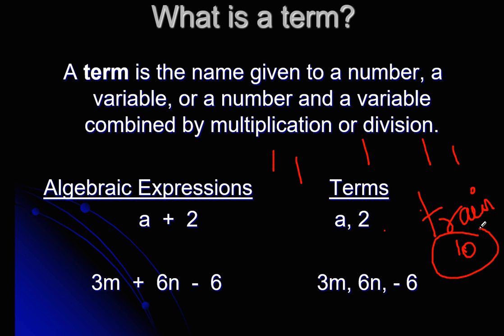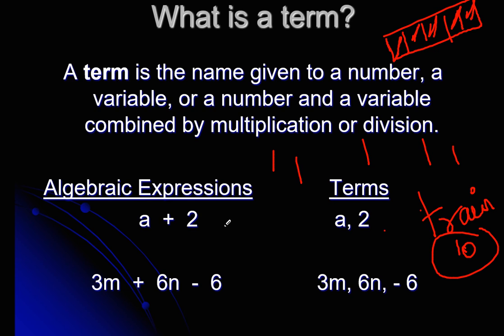So 10 is the number of terms, the parts. Or take a rectangular box, and if I break it into 1, 2, 3, 4, 5 parts, these 5 parts are the 5 terms of the whole box.